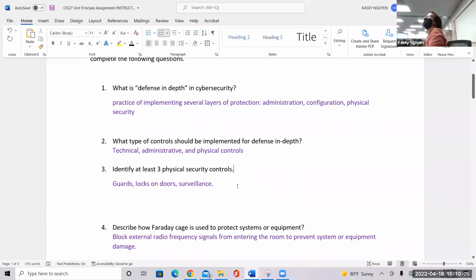So another thing that we can consider is to use a Faraday cage. And this is done a lot with hospitals and companies that require specialty equipment. So a Faraday cage is the way that we can block signal because you have a lot of radio frequency interference, and radio frequency interference can prevent or damage your system.